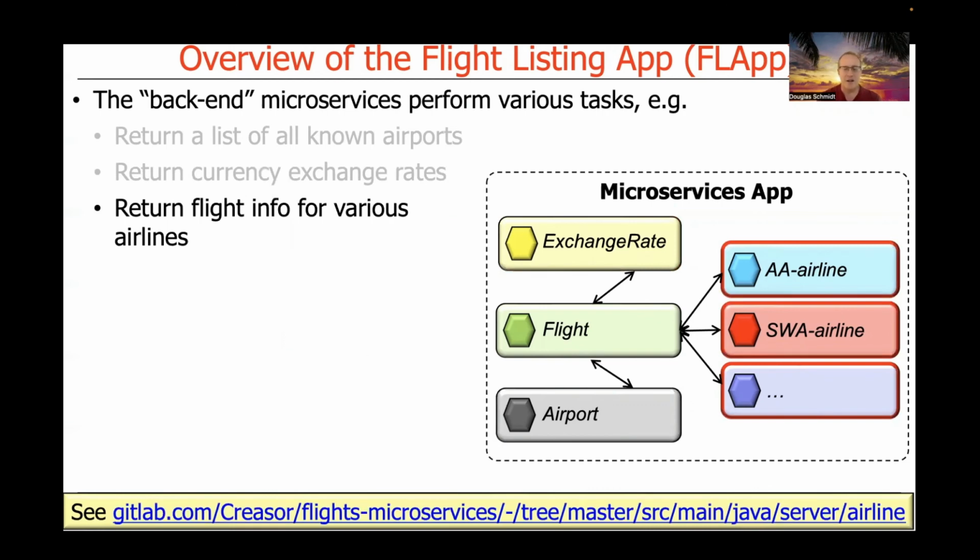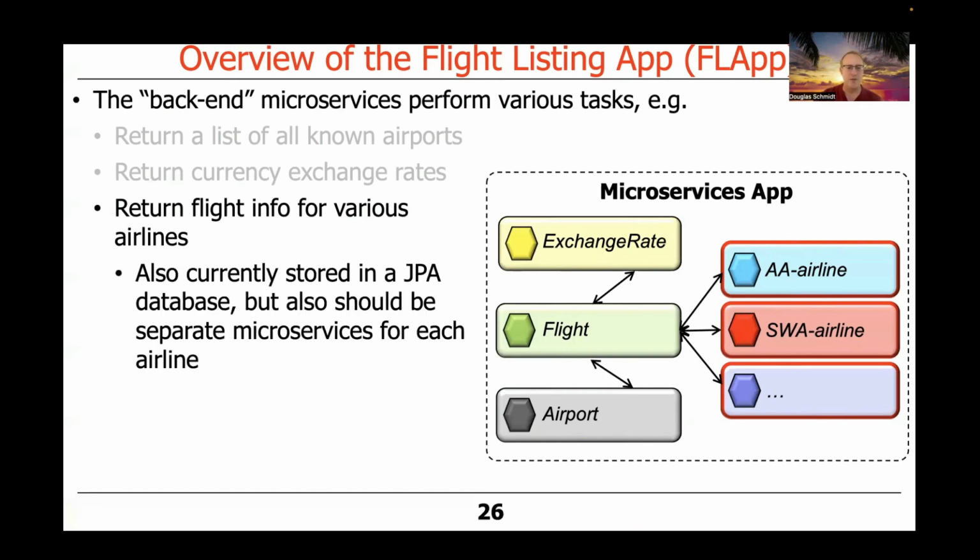And then the final microservice, and we actually have multiple instances of them, is an airline microservice that returns flight information for various airlines. So we'll have different microservices for American Airlines and Southwest Airlines and United Airlines and British Airways or Air France or whatever.